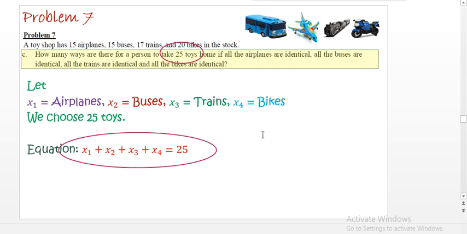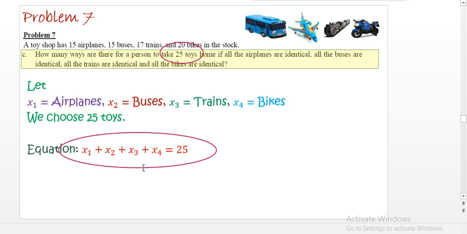So now we cannot use the formula of n minus 1 plus r, choose r, straight away. We will get some illegal solutions, because that formula holds when we may have, like, x1 equal to 25 and x2, x3, x4 equal to 0. That is one possible solution. In that case, x1 can take any value from 0 to 25, x2 can take any value from 0 to 25, x3 can take any value from 0 to 25, and x4 may take any value from 0 to 25.